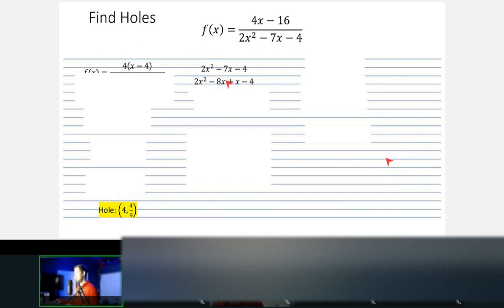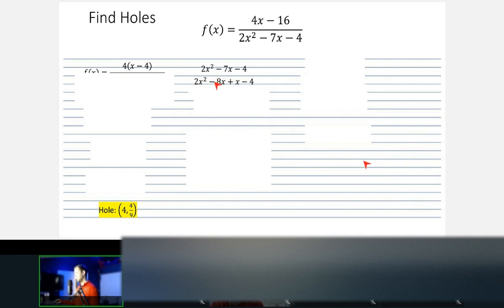So in this case, -8 plus 1 is -7. I could have done -6x minus x. I could have done -5x minus 2x. There's so many combinations, and it's really kind of guess and check.